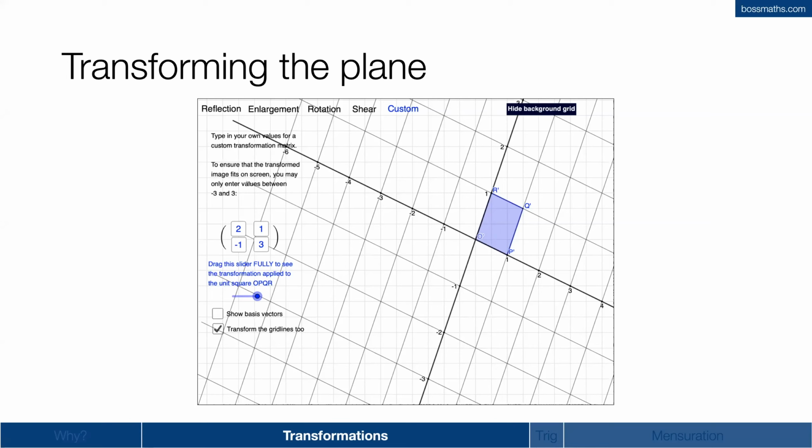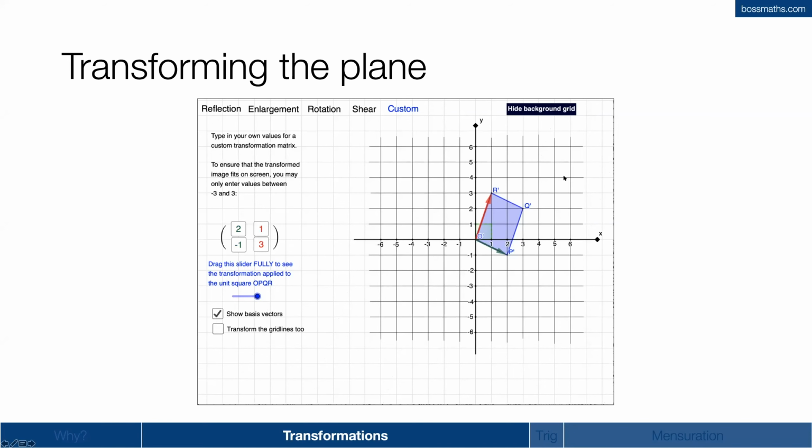But what's even cooler is that if you look at the coordinates, or rather the position vectors, let's say, of those 2 points, let's take the green one. We see that this green one is 2, negative 1. And that perfectly matches this column vector here, the first column of the matrix. And the red one matches the second column of the matrix.